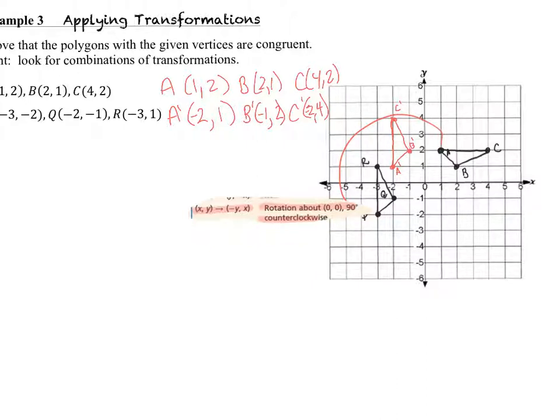So now we can see that this translated down 1, 2, 3 spaces and 1 space to the left. So that would look like x minus 1 for the 1 space to the left and y minus 3 for the 3 spaces down.